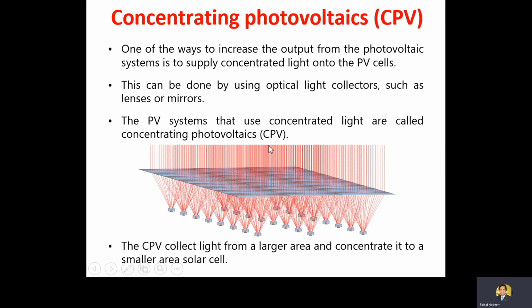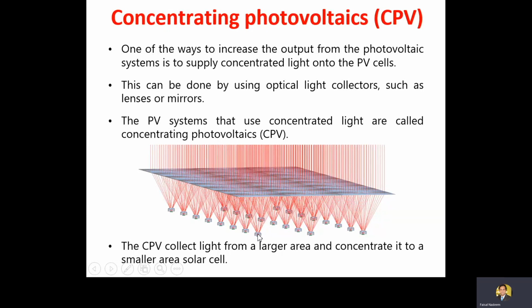So all the light coming from the atmosphere first of all is incident on this mirror or lens, and after passing through it, it gets concentrated or converged on the cells.